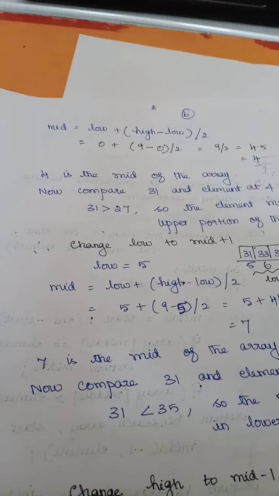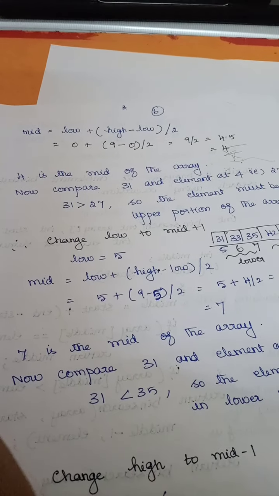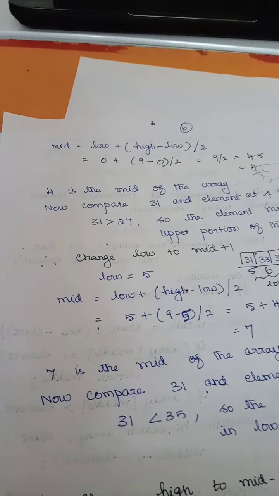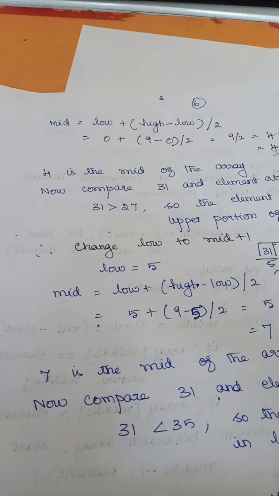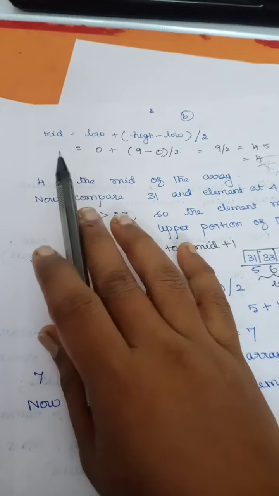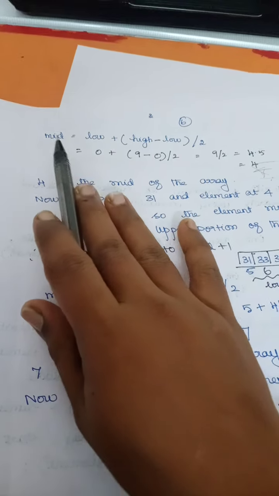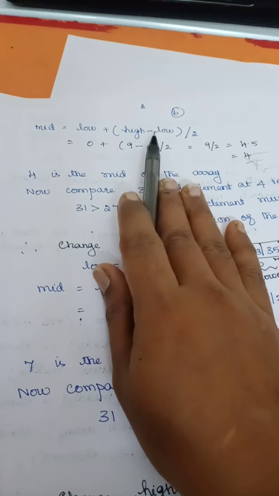So now I am going to take my middle value. Right. Now I need to calculate my middle value. Only if I know the middle element can I proceed with the array, right? So the mid value is calculated as low plus high minus low, divided by 2.